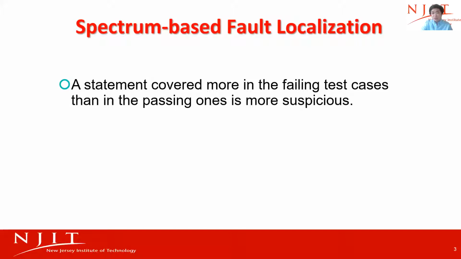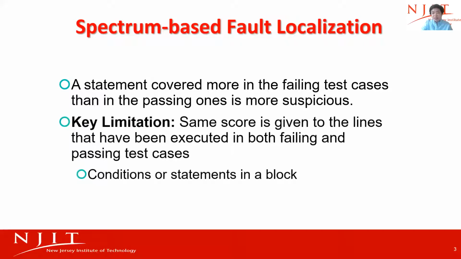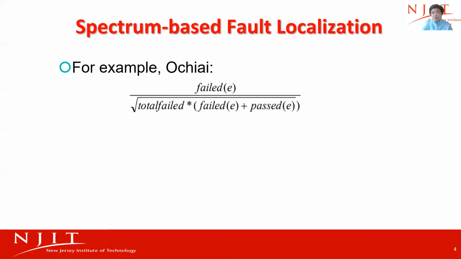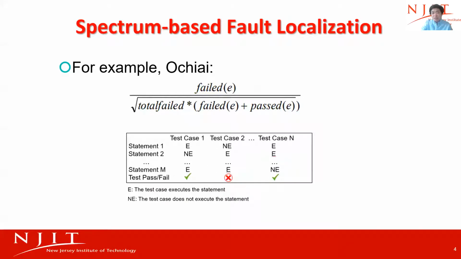A higher score means the statement is more likely to be buggy, but they have a key limitation: this kind of approach may provide the same score for many statements at the same time. For example, Ochiai, the most famous spectrum-based fault localization approach, uses this formula to calculate the score. In this example, for statement 2, the failed test case is test case 2, and the passed test case is test case n, and test case 1 is not executed, so it is not counted in this formula.